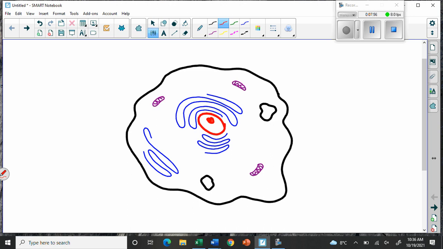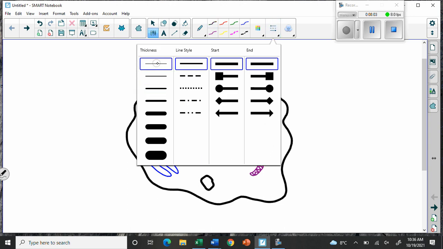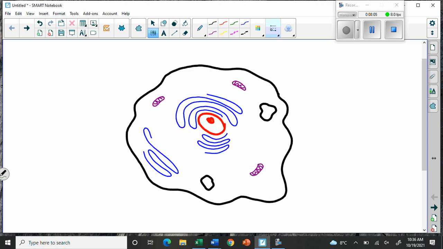Let's see. We can also use our membrane color here, and I'll take a little fine line. Cells sometimes have little tiny extensions that look like little hairs all around here sticking out. So we can draw this all around the outside. Little hairs. And these little hairs can serve a couple of different purposes.